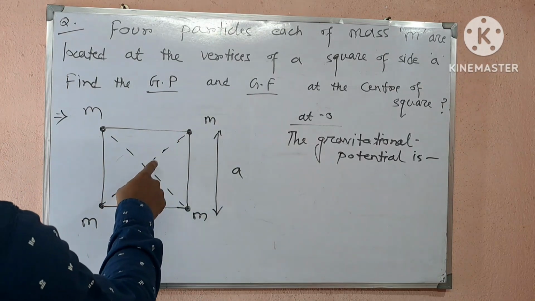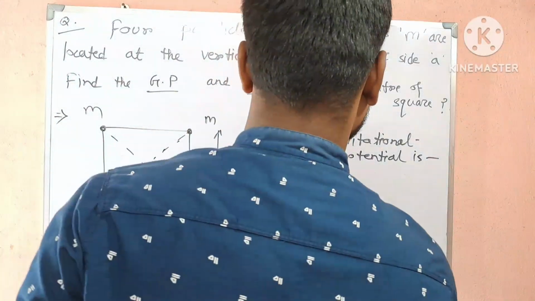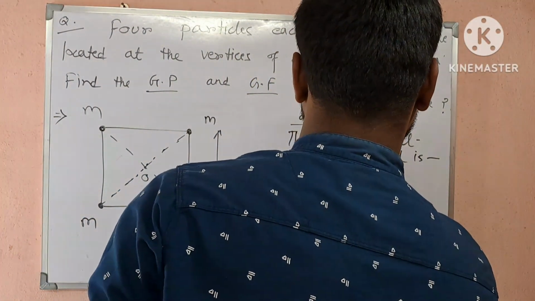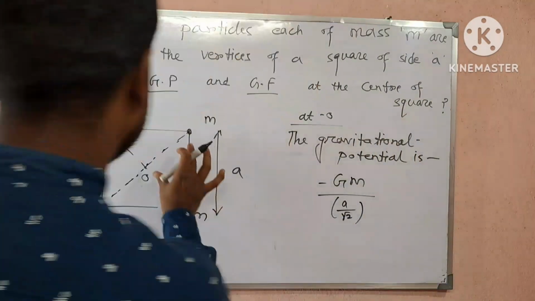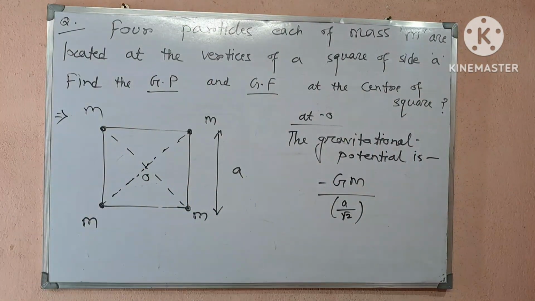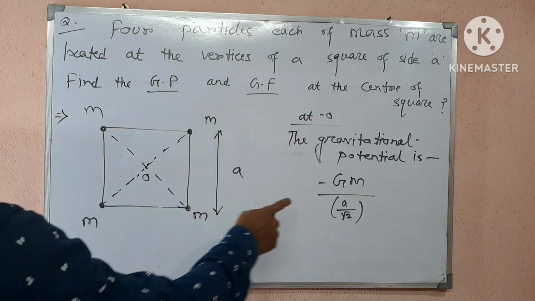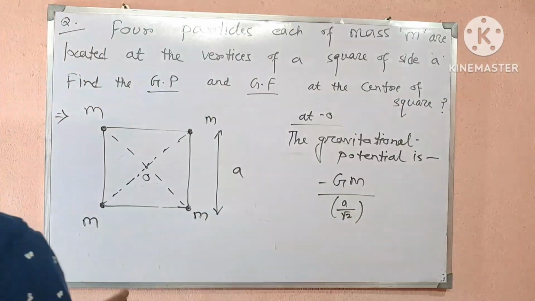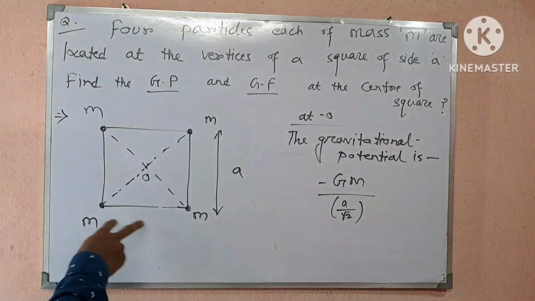So at O, the gravitational potential due to this mass m is minus Gm divided by A by root 2, because this distance is A by root 2. Similarly, at O, the gravitational potential due to this mass m is also minus Gm divided by A by root 2, and the same holds for these two masses also.